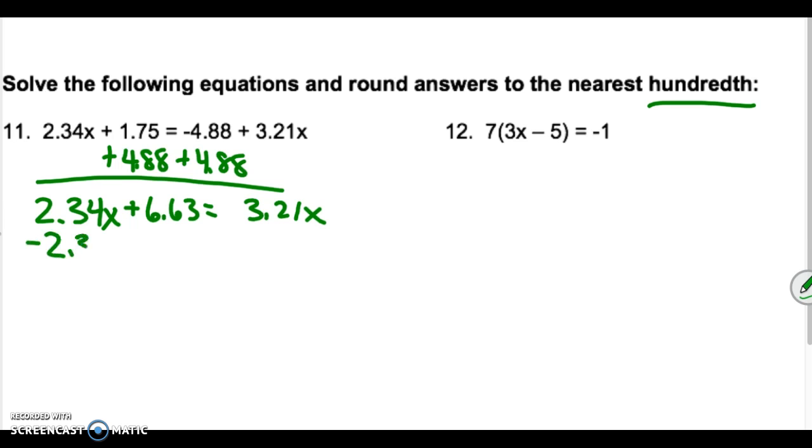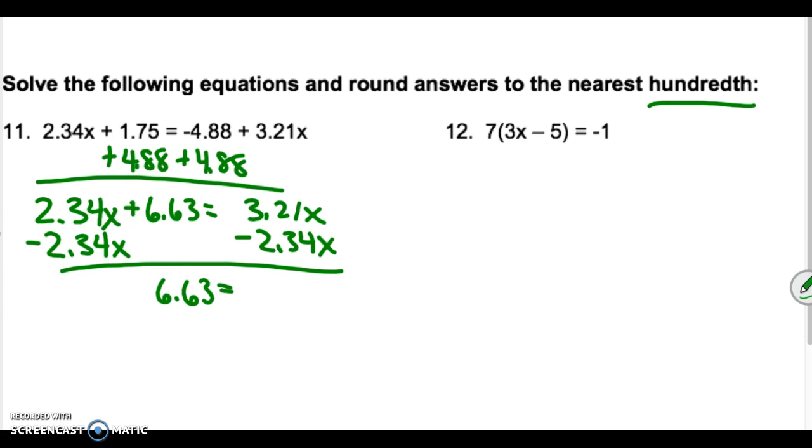So we're going to subtract 2.34x. 2.34x gives us 6.63 equals 3.21 minus 2.34 is 0.87. So we got to make sure we finish this off correctly, type it in correctly.